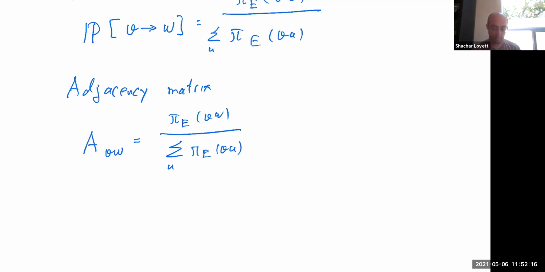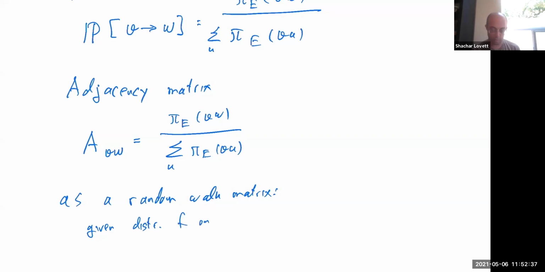Basically, as a random walk matrix, given a distribution, let's call it F, on the nodes before the walk, then after the walk we get F transpose A. So we actually have to multiply on the left and not on the right here.